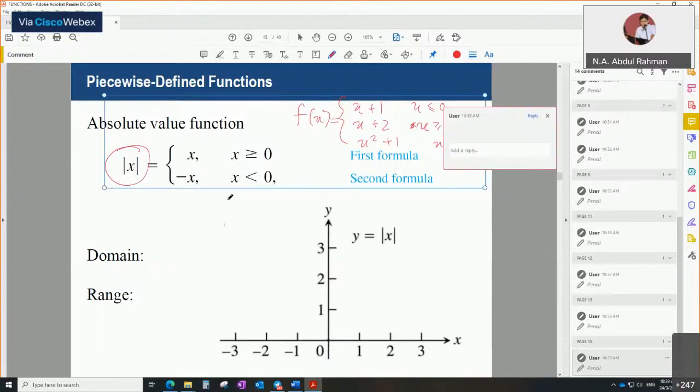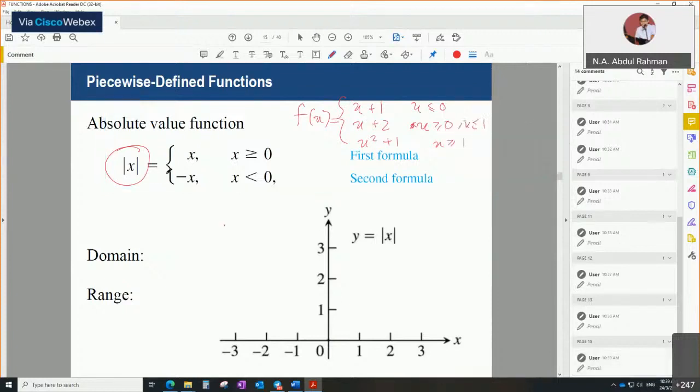So this is one example of a very trivial piecewise defined function, the absolute value function, meaning that it can exhibit two values, x and negative x. I asked some of the students in my previous class, and they were not sure about the absolute value function here. Will it be negative here?